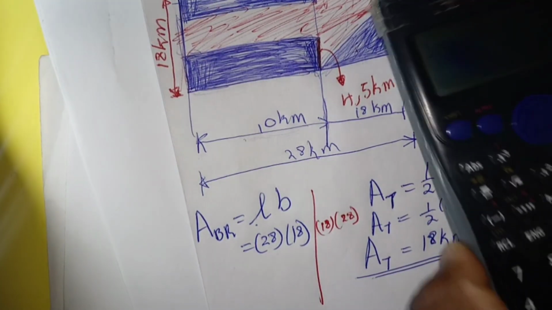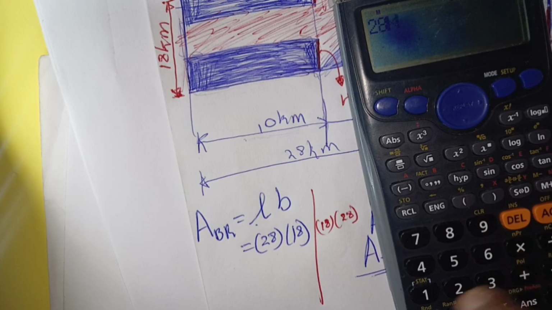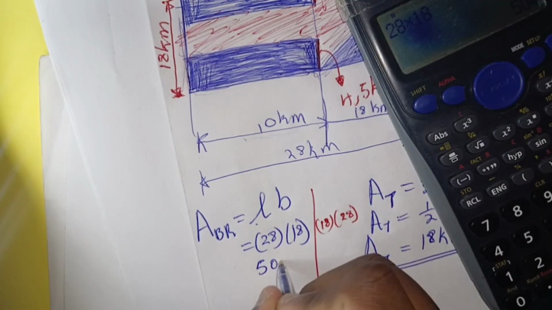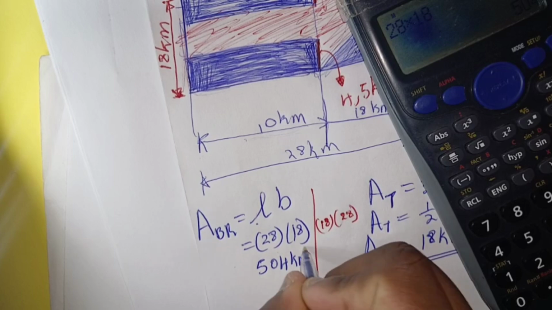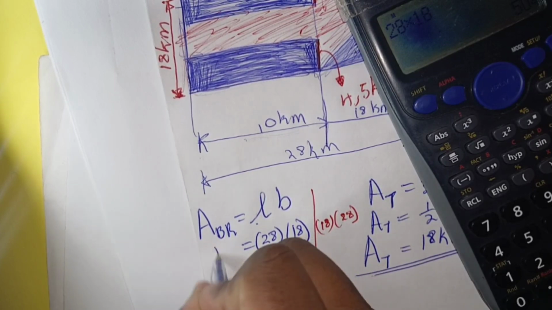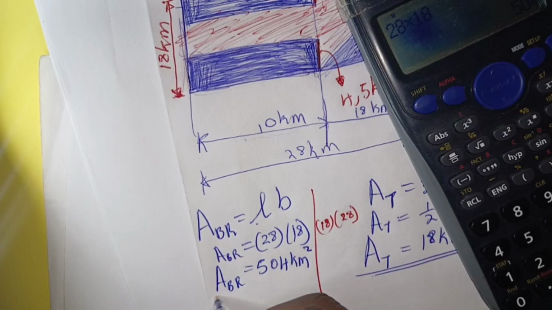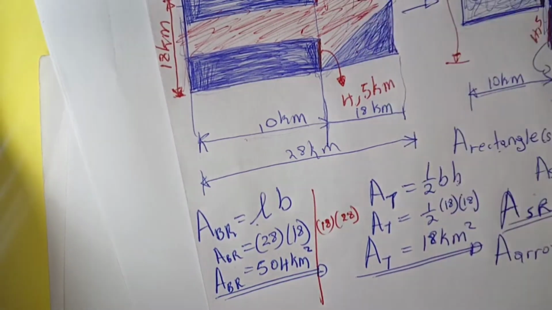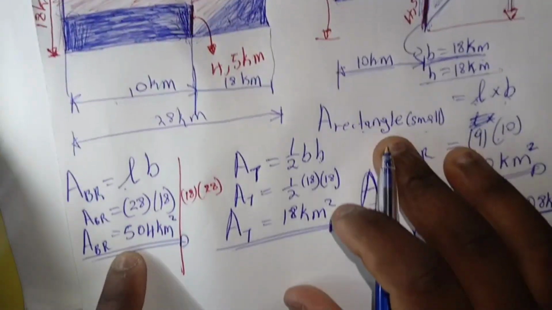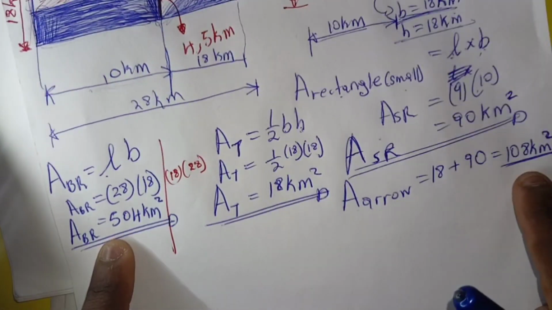Again, when I punch it from the calculator, it should give me 5 kilometers, but in squared, guys. So again, now I know the area of a big triangle, and I know the area of the arrow there. Do you see?